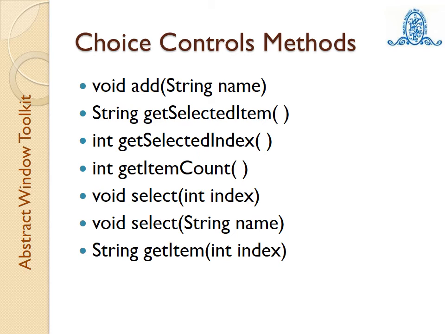If you want to get the total number of items in a choice, then we use the getItemCount method. The next two methods are related to selecting a particular item, either by using an index value or by using an item name. And if you want to get a particular item which is at an index position, then we use the getItem method. So all these are the methods defined in the choice class.